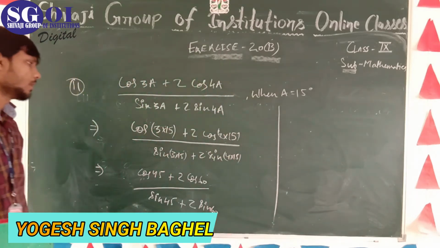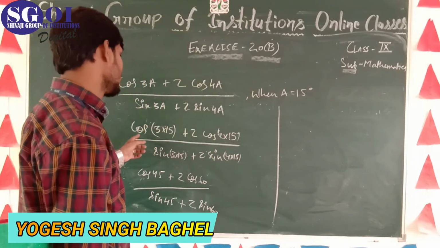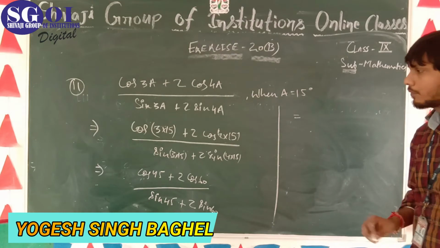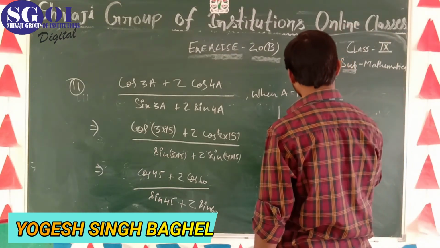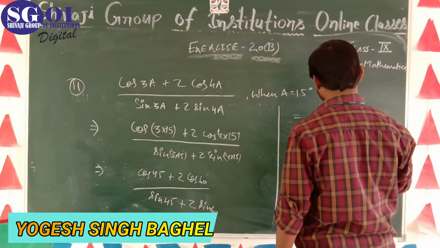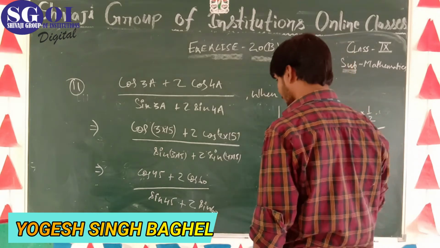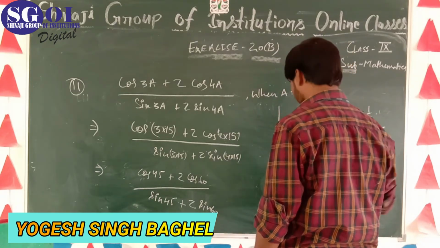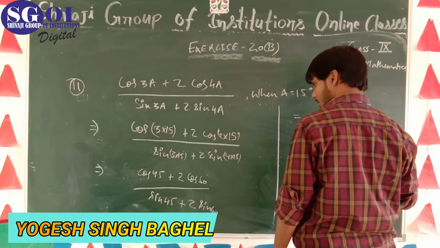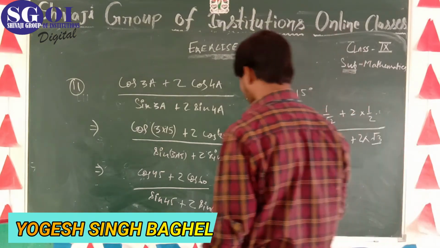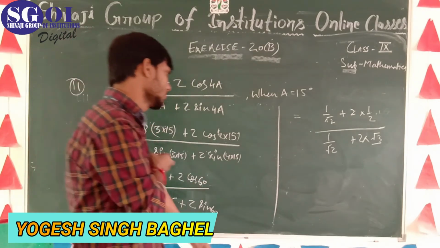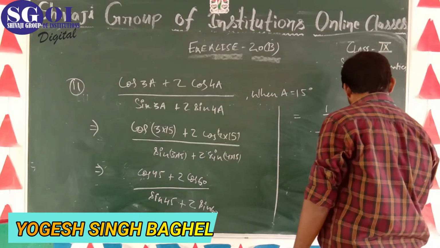Now we put the values of these trigonometrical ratios. What will be the value of cos 45? Cos 45 is 1 by root 2, plus 2 into 1 by 2, since cos 60 is 1 by 2, upon sin 45 is 1 by root 2 and 2 sin 60, sin 60 is root 3 by 2.